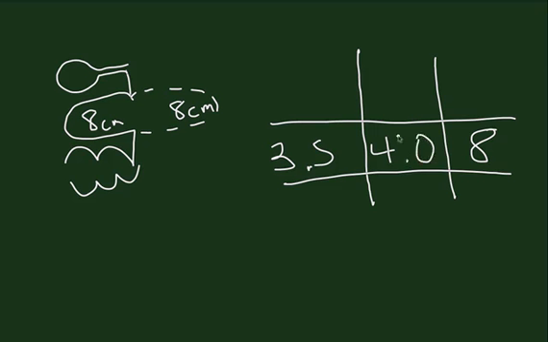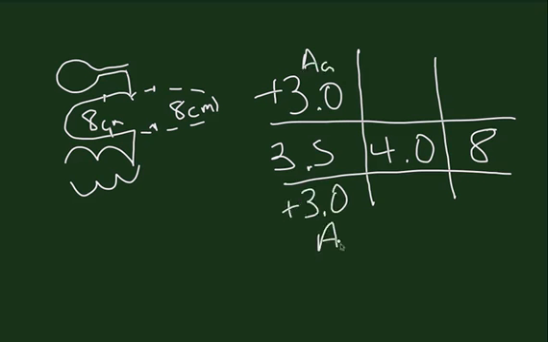Perineal body of 4. Point A starts here and can only go 3 centimeters out. So point A is 3 centimeters out on the anterior vaginal wall, otherwise known as A sub A. It's also 3 centimeters out on the posterior vaginal wall, or A sub P, P for posterior.